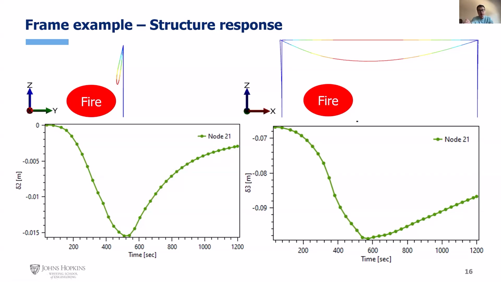On the right-hand side, we can see that the column close to the fire has more deformation compared with the column away from the fire. This observation is reasonable, and during the whole localized fire process, no failure happens to the steel frame.